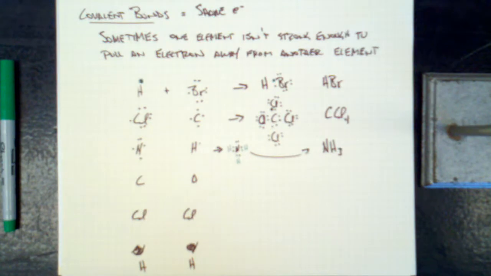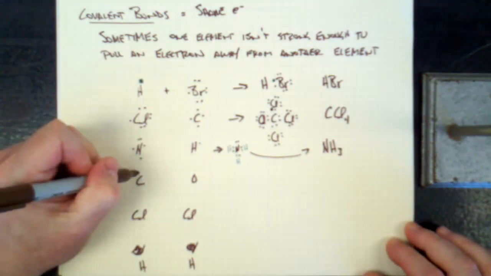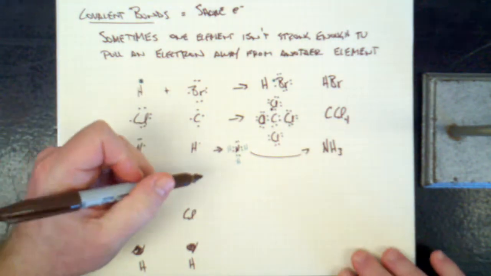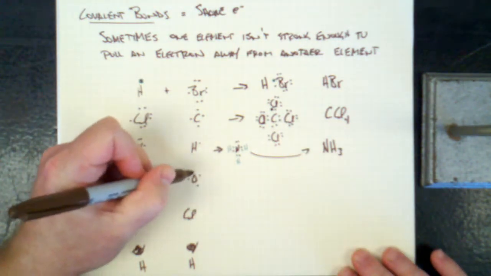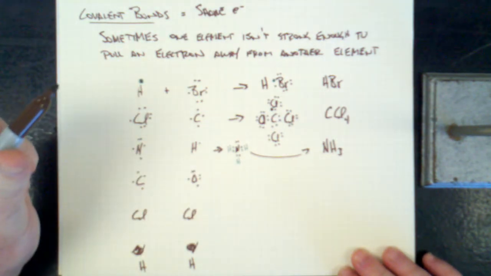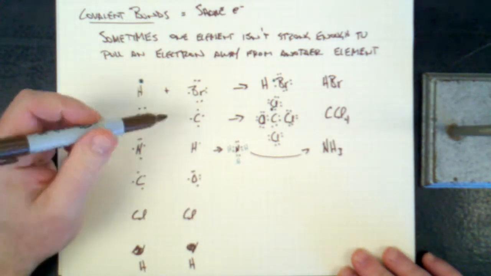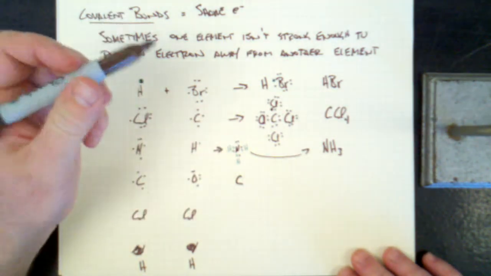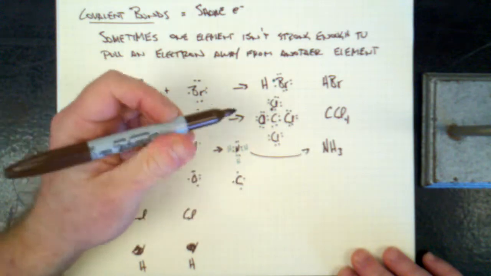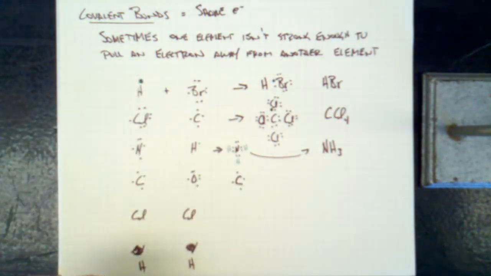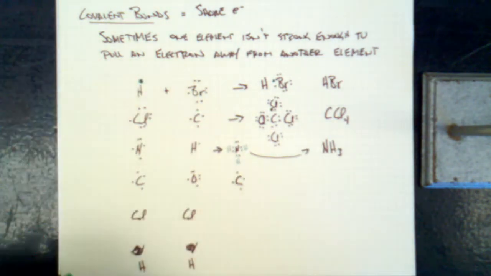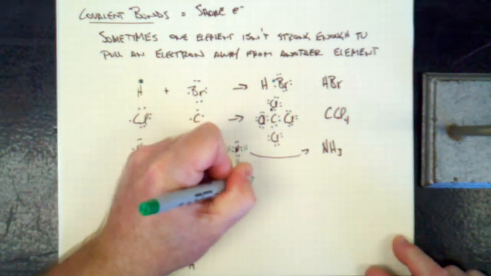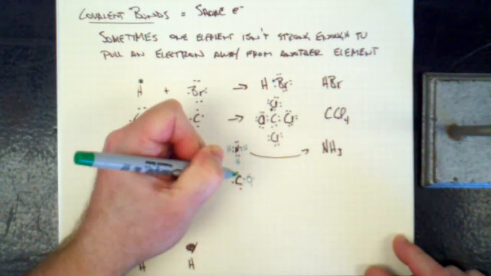Next one. Carbon and oxygen. Carbon has 4. Oxygen is in column 16, so it's got 6. And when they come together, carbon has 4, and the oxygen, which we'll draw in green so it's a little easier to see, has 6.